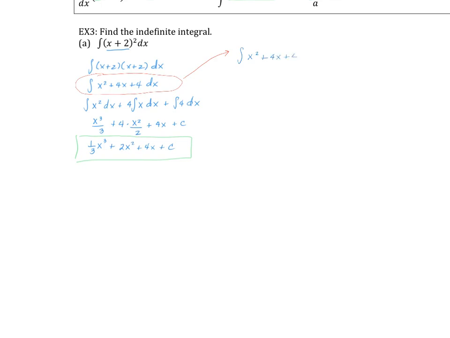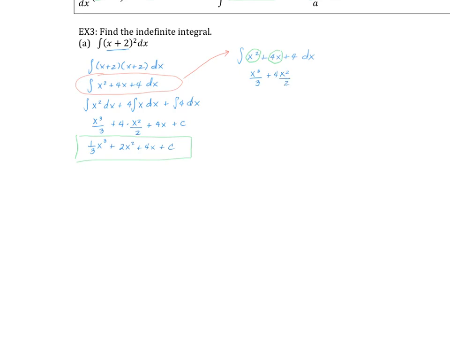So this is what I mean. Look at the x². You know that piece will be x³/3. And then look at the 4x. You know that's going to be plus 4x²/2.